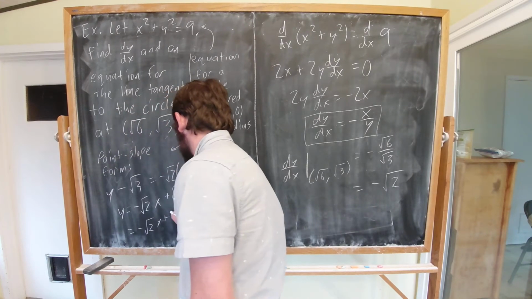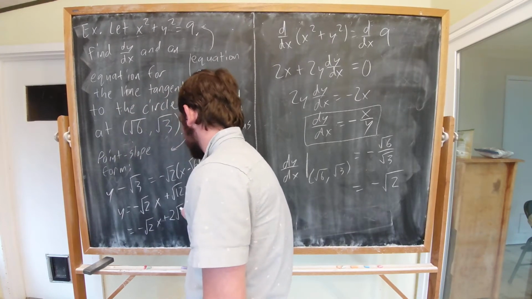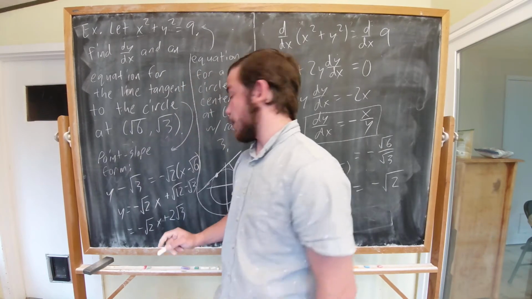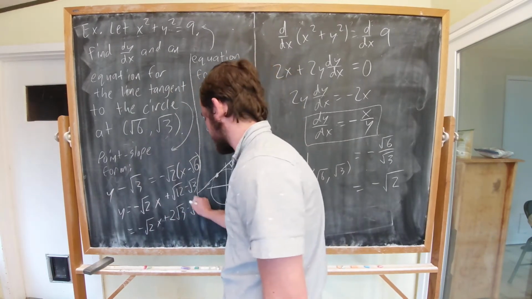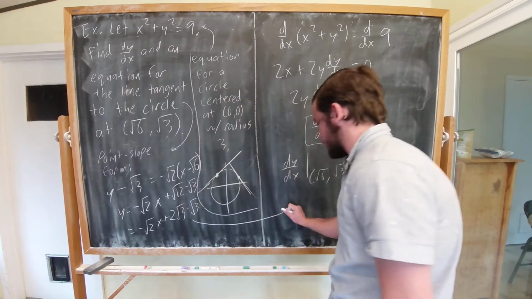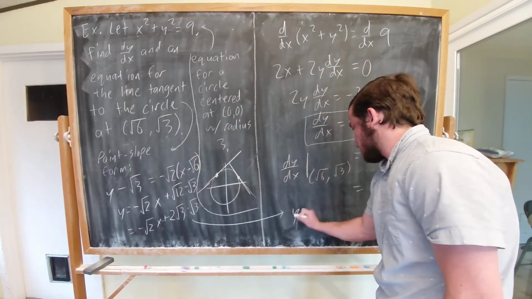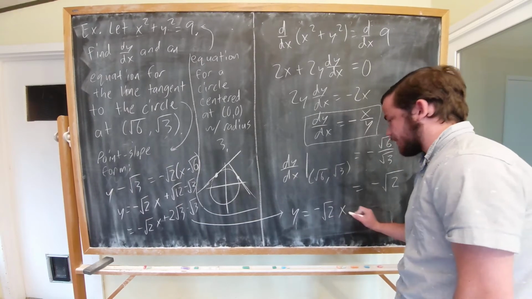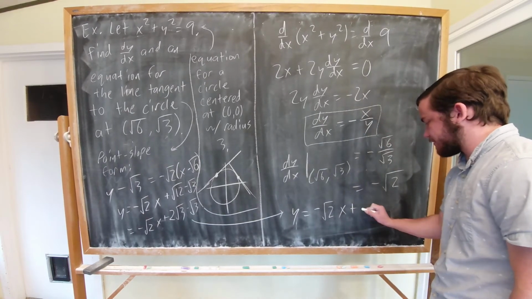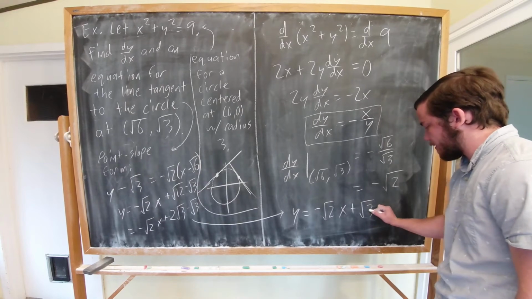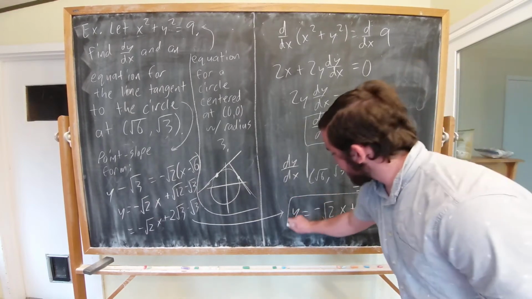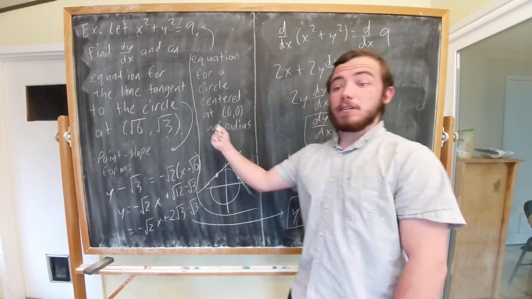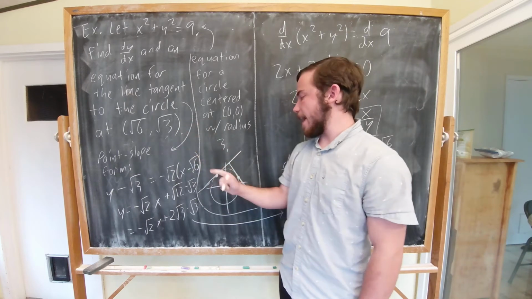But the square root of 12 is 2 times the square root of 3. So we're just left with y equals negative square root of 2 times x plus the square root of 3. And that is our equation for the line tangent to the circle at this point.